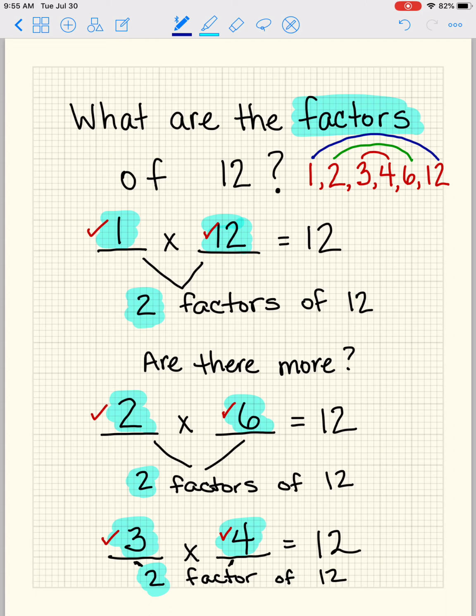So I'll write that out for you. This is the factor rainbow. That's our factor rainbow. But now you can see a strategy that you can use to find the factors of a number.